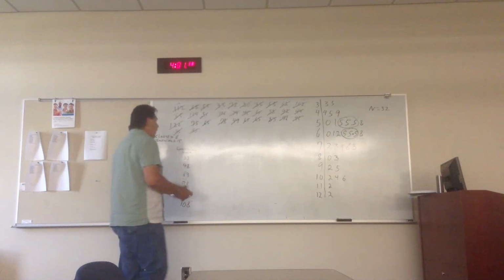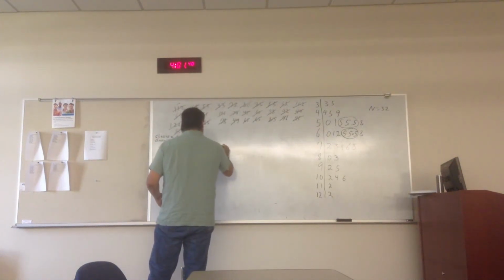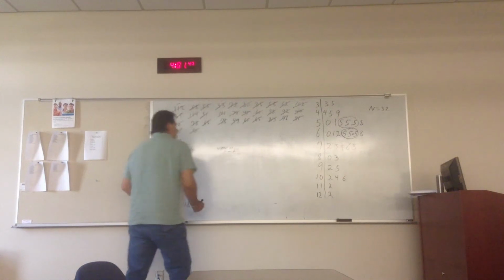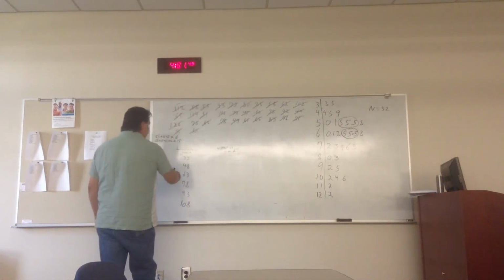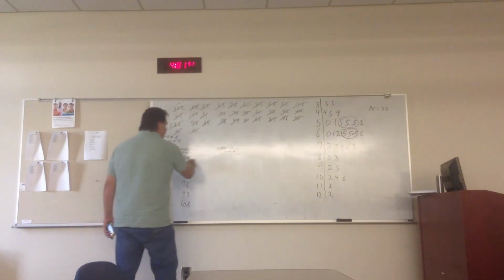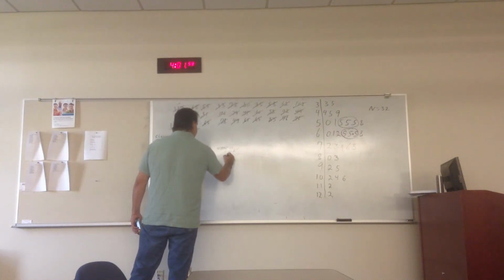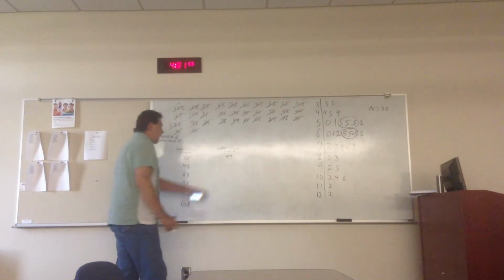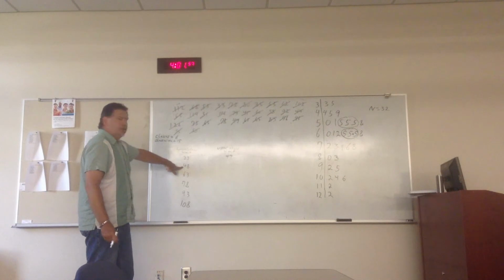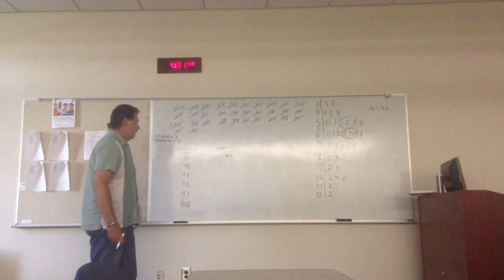Now I need to find my upper class limit. If I have 48, my upper class limit has to be 47, because it's a value that is one digit less than 48.